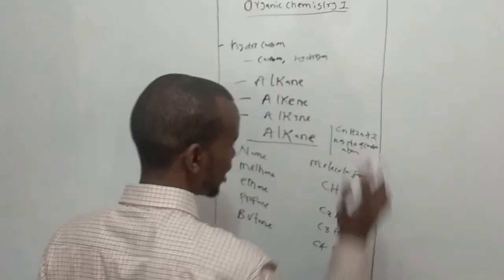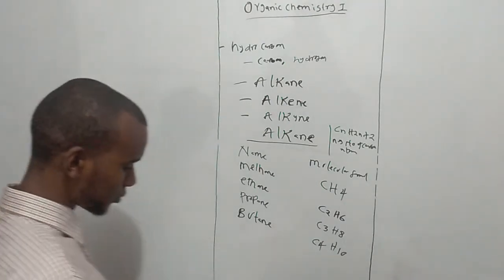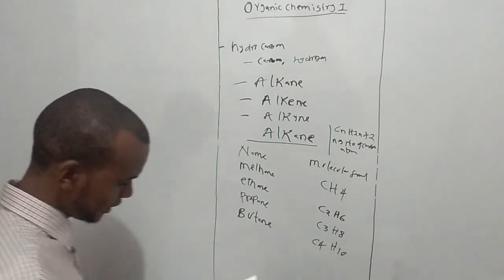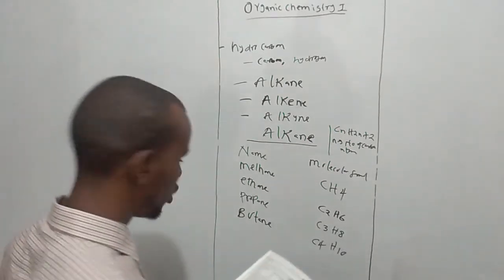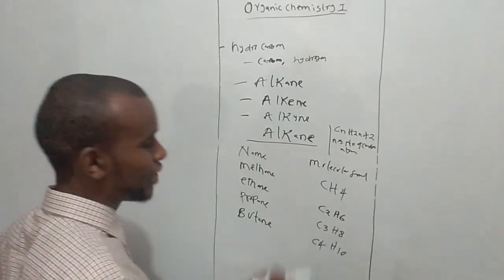Just take the structural formula whereby you have CnH2n plus 2. After knowing this, you have to remember that the carbon atoms in alkanes are linked by a single covalent bond, therefore forming a group of saturated hydrocarbons.